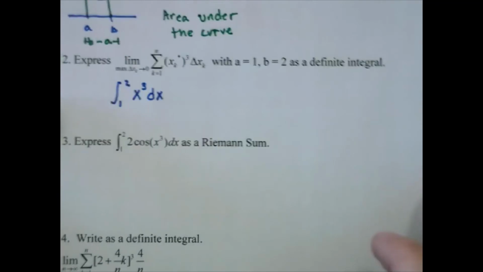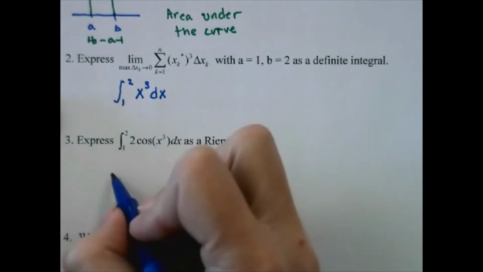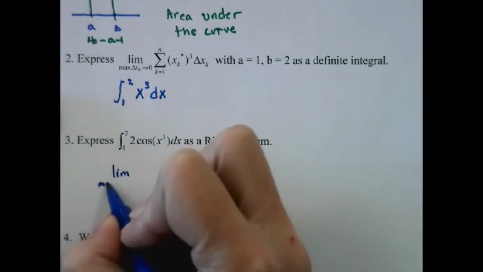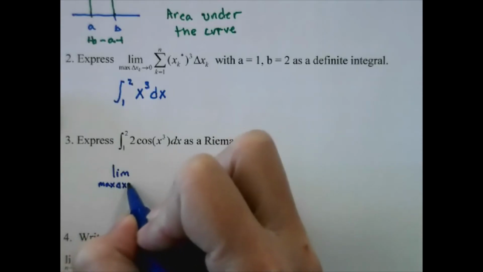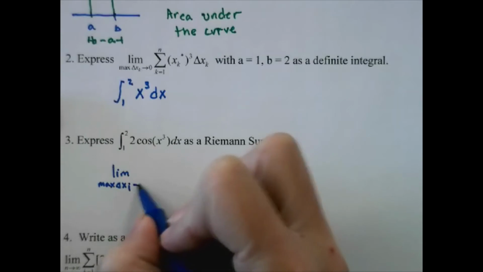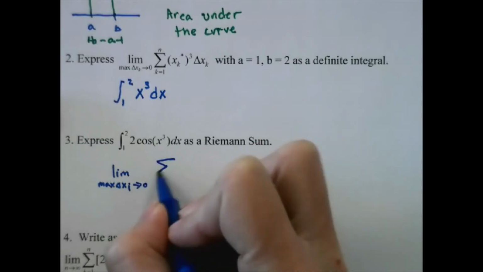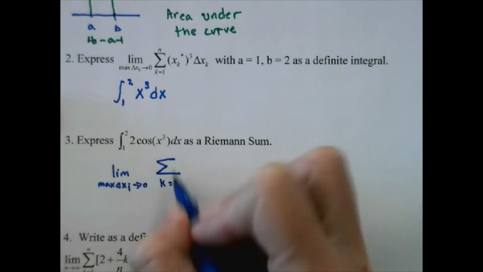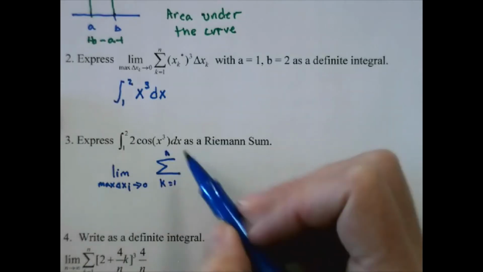Okay, going the other direction, we're going to have the limit as the max delta xi or k, doesn't matter, goes to 0 of the sum from k equals 1 to n.